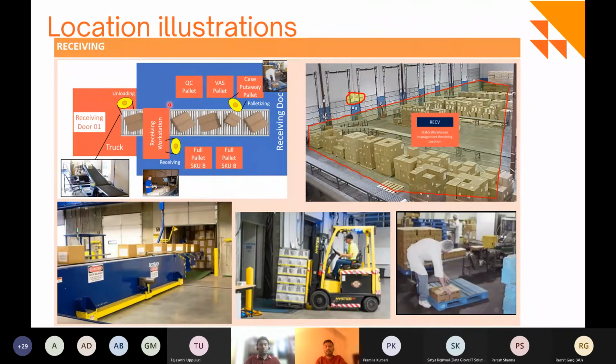Or these carton boxes can come in a truck and be offloaded with the help of a forklift. The person driving this equipment is a forklift driver, and this equipment is called a forklift. Material gets stacked at the receiving area, waiting to be inspected or put away, as I said, as a value-added service, or material can be taken directly to the bulk area, which we'll see in the next slide.